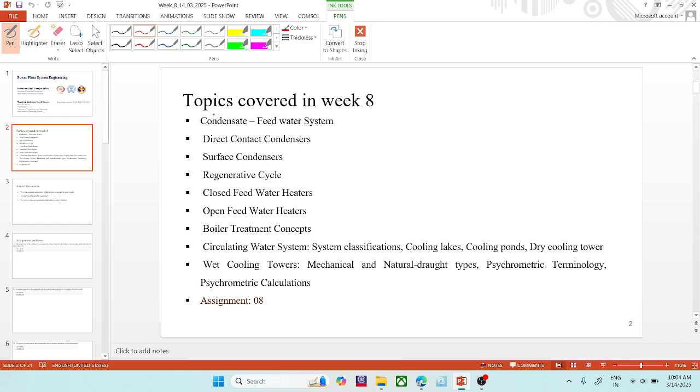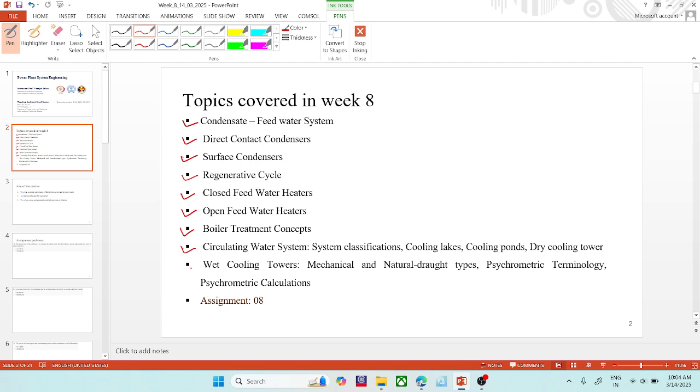So the topics we have covered are the condensate feed water system, then direct contact condensers, surface condensers, regenerative cycle, then closed feed water heaters, open feed water heaters, boiler treatment concepts, then the circulating water system, in which the system classifications, cooling lakes, cooling ponds, dry cooling tower, we have learned.